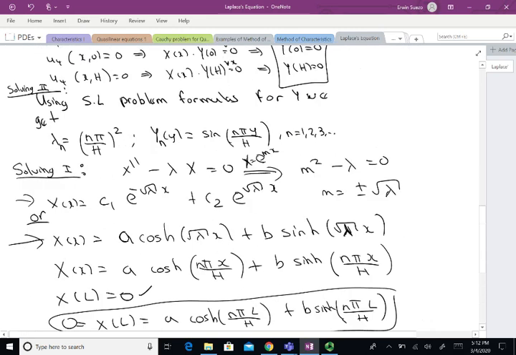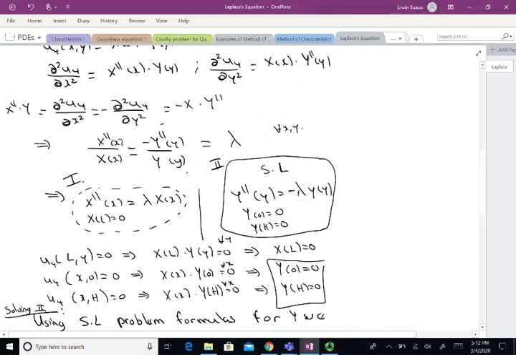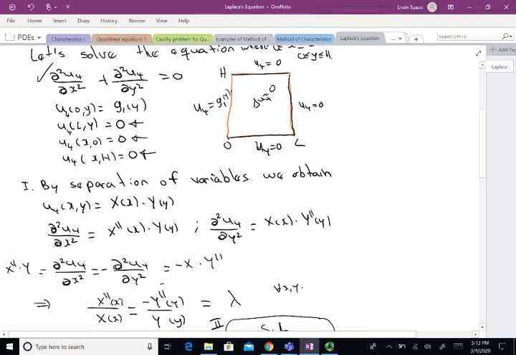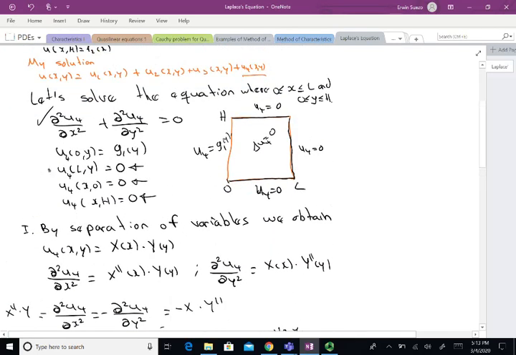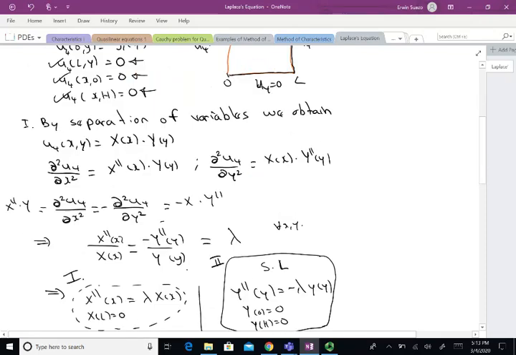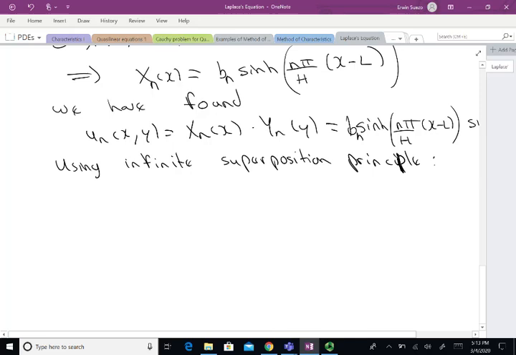So why? Because we already had used the following. We used this, this, and this. So this equation satisfies all those.